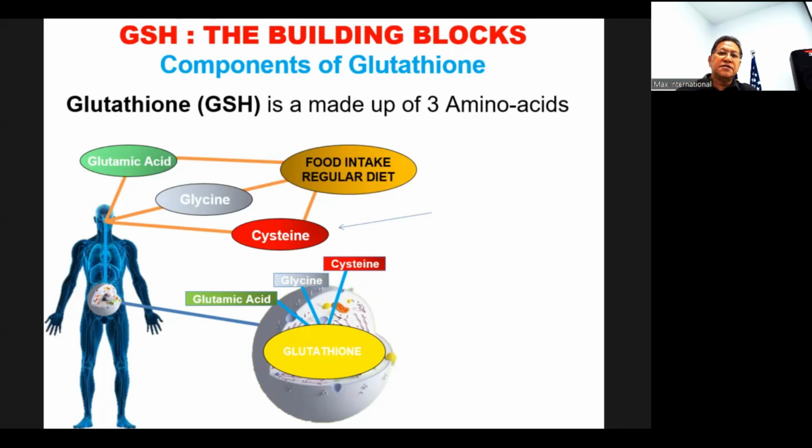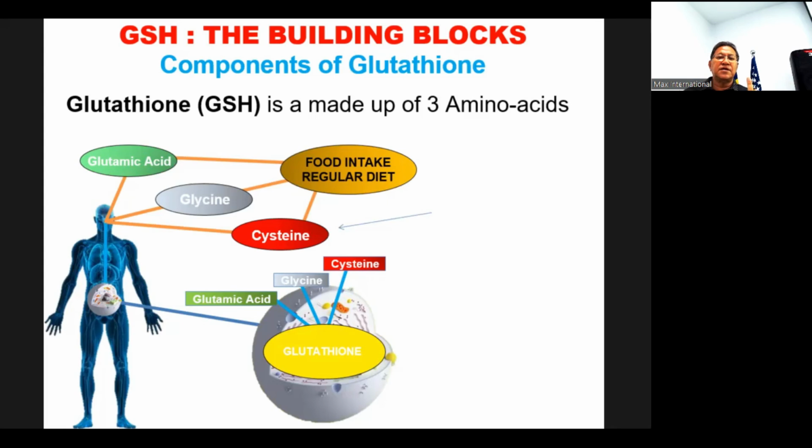So the challenge is to provide cysteine in a stable form in sufficient amounts, because cysteine, apart from being fragile, is also the least available amino acid compared to the other two, glutamic acid and glycine, which makes it almost not necessary to supplement them. But if you want to take all three, by all means.